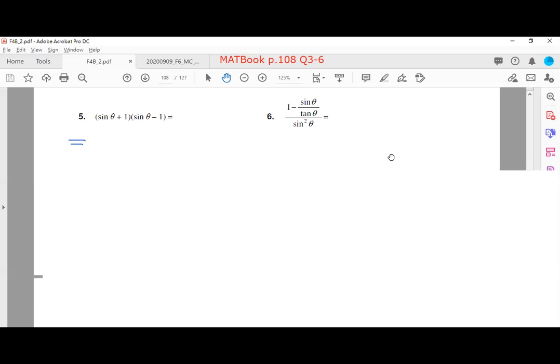So we just use the identity: a plus b times a minus b will be equal to a square minus b square, where a is sine theta in this question, and b is 1. So a square minus b square: sine theta bracket square is sine square theta, and then minus 1.